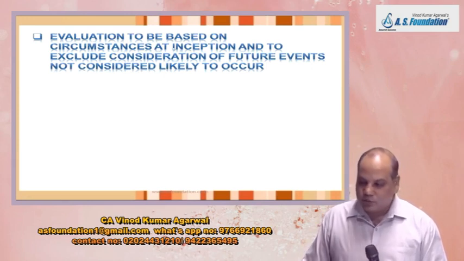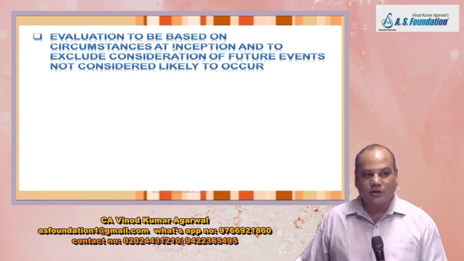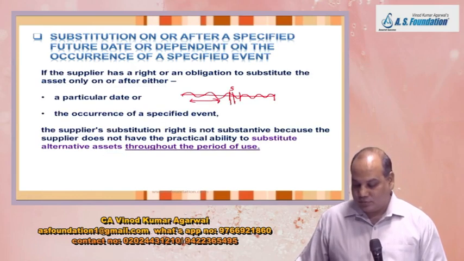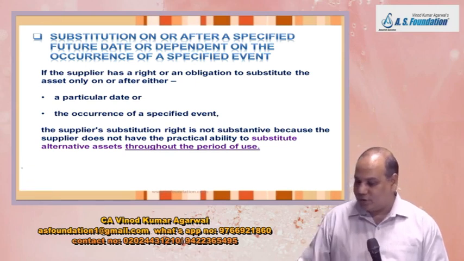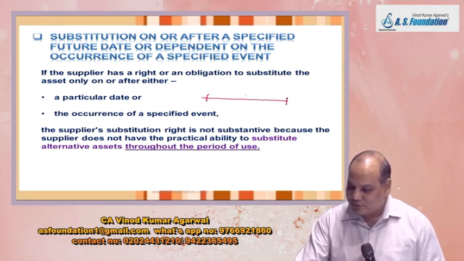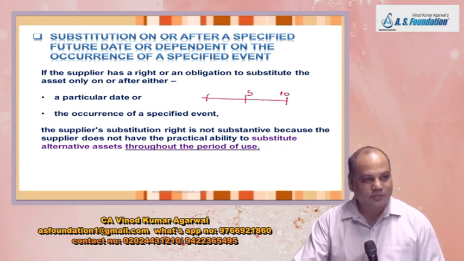Next point, evaluation to be based on circumstances at inception. Entire 10 years is this lease agreement or only 5 years is the standard applicable? Okay, good question. This gentleman is asking whether this lease term is for 5 years or 10 years. It's a 10-year term.